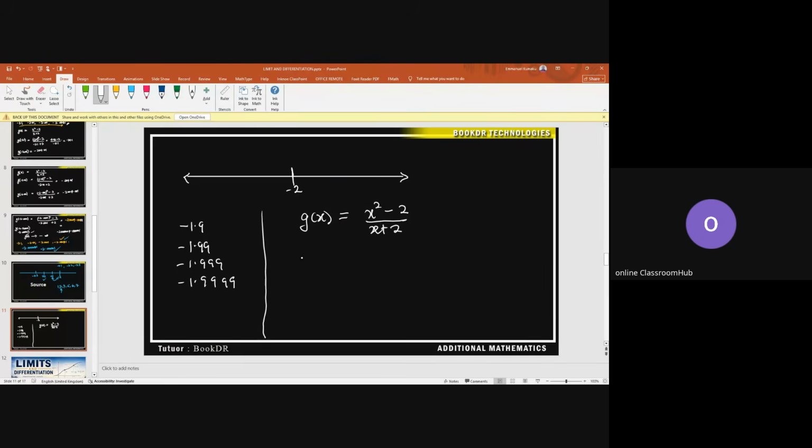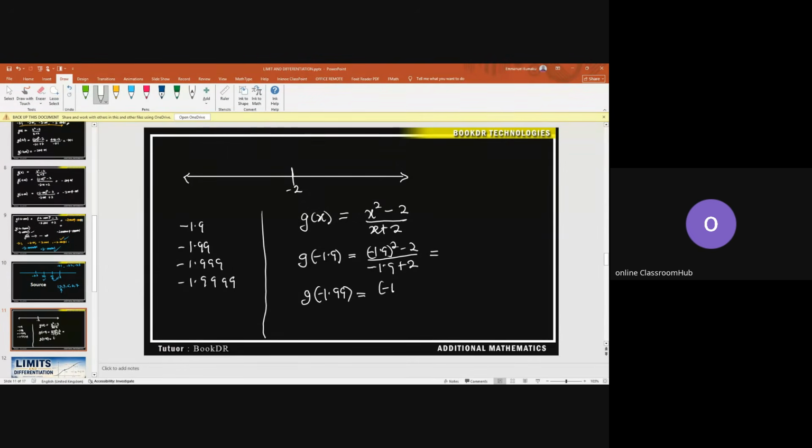So we'll pick the first one, g of -1.9. So it will be -1.9 squared minus 2 over -1.9 plus 2. So use the calculator, punch this on the calculator, and then tell me the answer. Then go to -1.99.